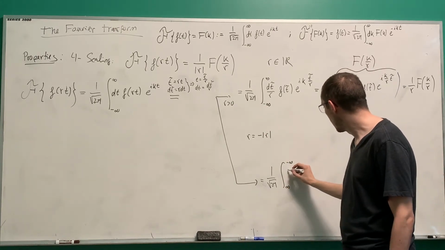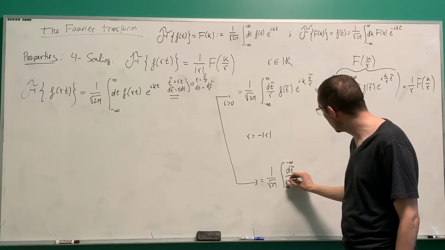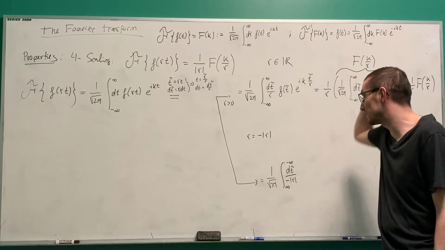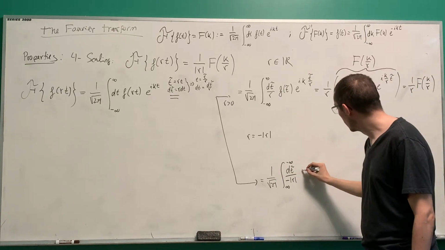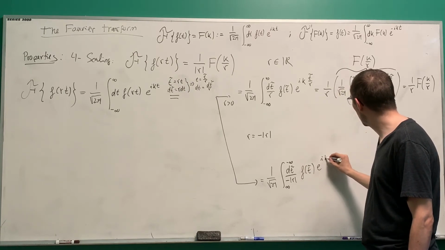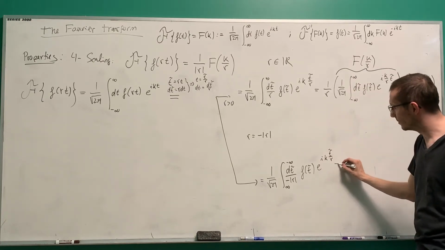All right. Then I get here dt tilde divided by minus modulus r. Okay, because you can't say that because r is negative. Wonderful. So now I have f of t tilde, and then e to the i k t tilde over r. Wonderful.